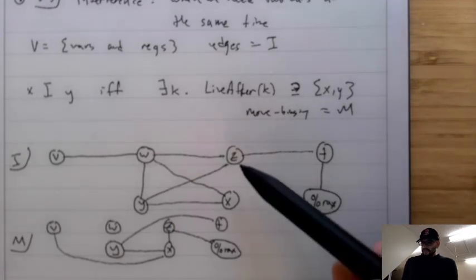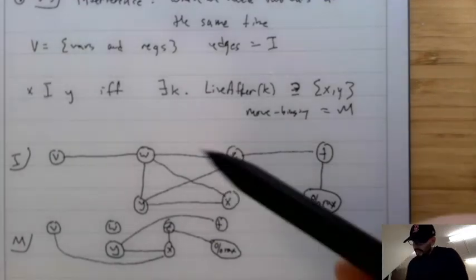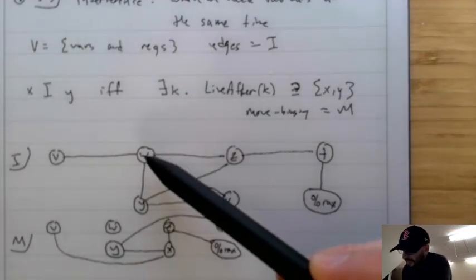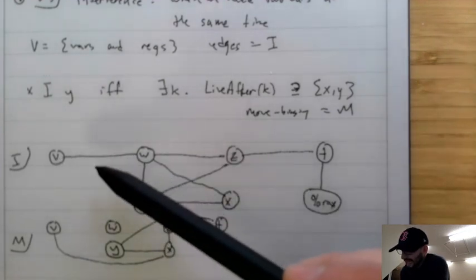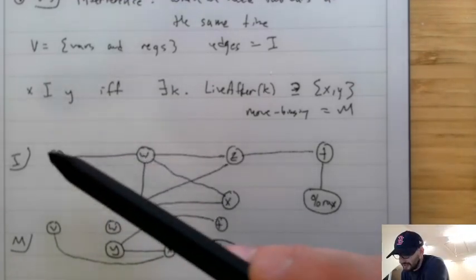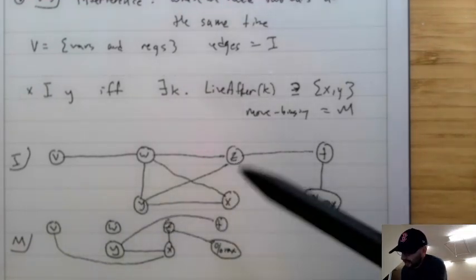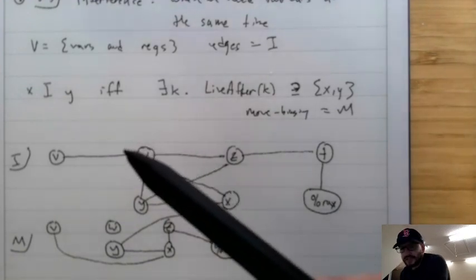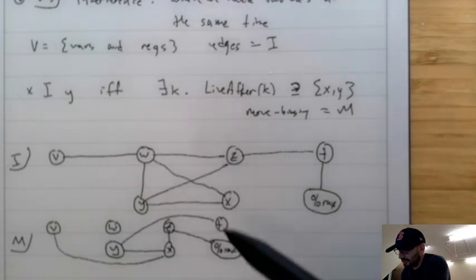But now what do we even do with these graphs I and M? That's what we'll talk about next time, but I'll give you a clue to the basic idea. The basic idea is we're going to say something like, given that W right here is conflicting with V, Y, and Z, that means W can't have the same register as V, the same register as Y, or the same register as Z. Essentially we're going to look at this graph and start assigning registers to variables.